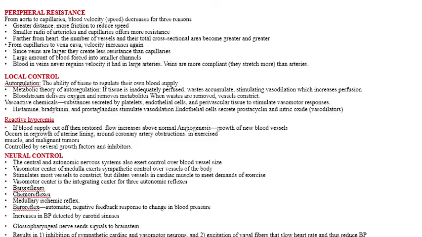We are talking about the control of blood resistance and blood pressure. How to control it: usually either local, hormonal, or by reflex, which is usually neural control. For local control, there is a term called autoregulation, the ability of the tissue to regulate its own blood flow.